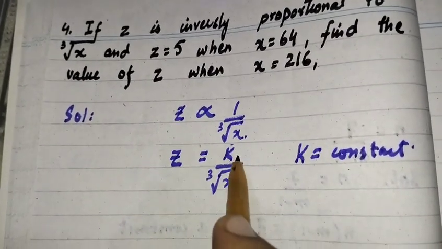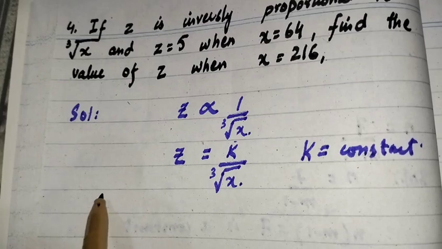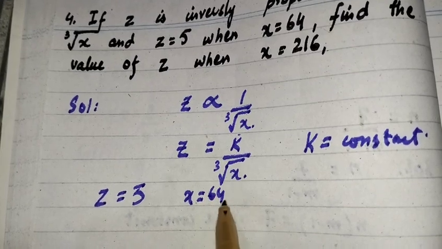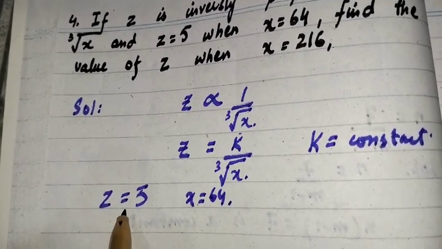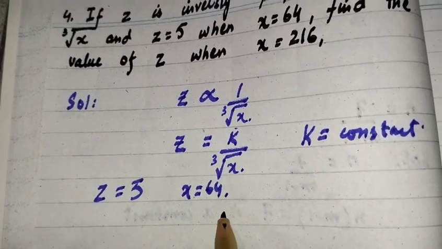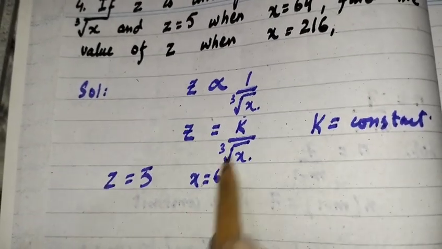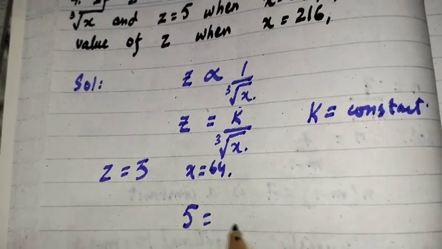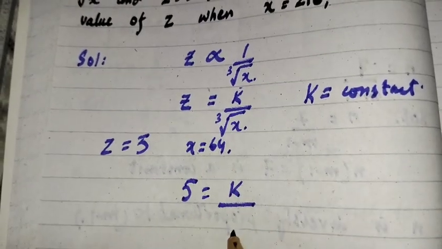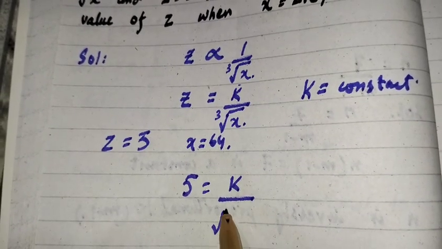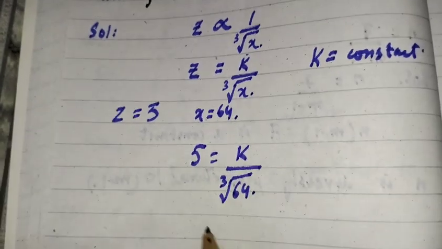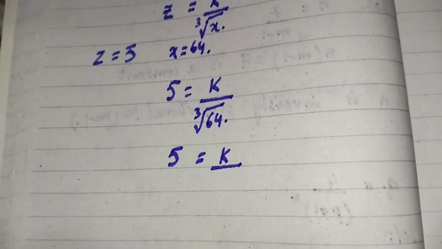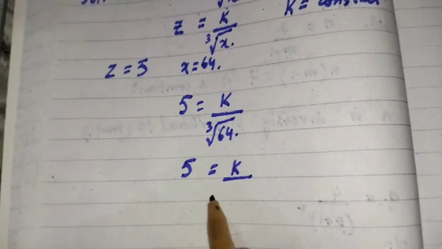Now we have to find the value of k first. We are given the information that the value of z is 5 when the value of x is 64. Putting these values in this equation to get the value of k: 5 is equal to k upon the cube root of 64.